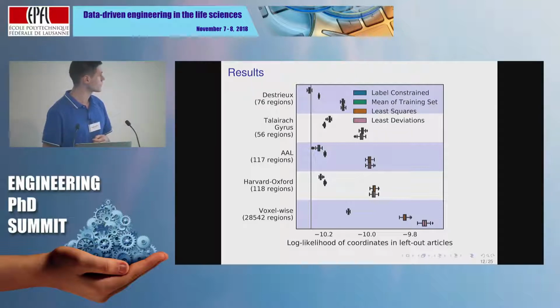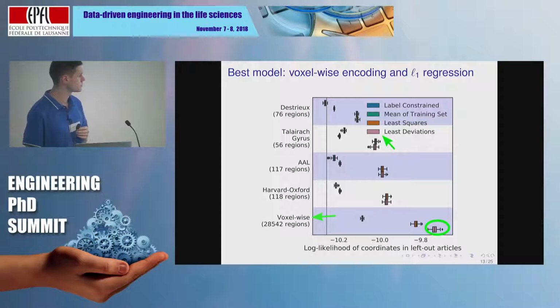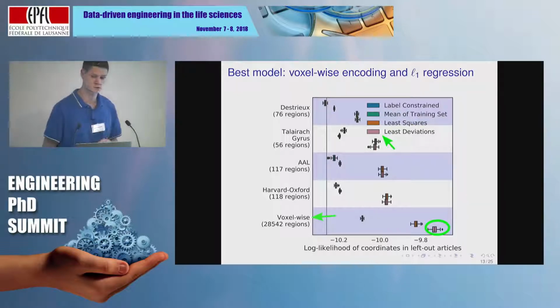And just some basic sanity check. So in the end, we see that the best results are obtained when this is a usual ridge regression, and this is the least absolute deviations, the robust regression. So the best results are obtained when we use robust regression and voxel-wise discretization of the brain.